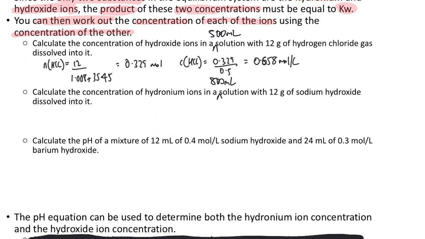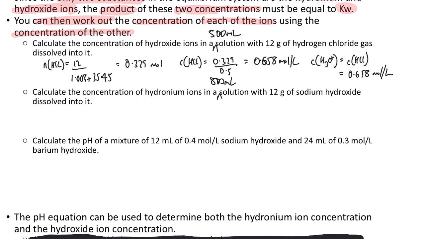And if you know that HCl is a strong acid, you can therefore say that the concentration of hydronium ions is equal to the concentration of HCl, which means it is 0.658 moles per liter again. This last step is quite important, because you've got to show that you understand the link between the substance and the hydronium ions. You've got to do everything in hydronium and hydroxide ions for this calculation.